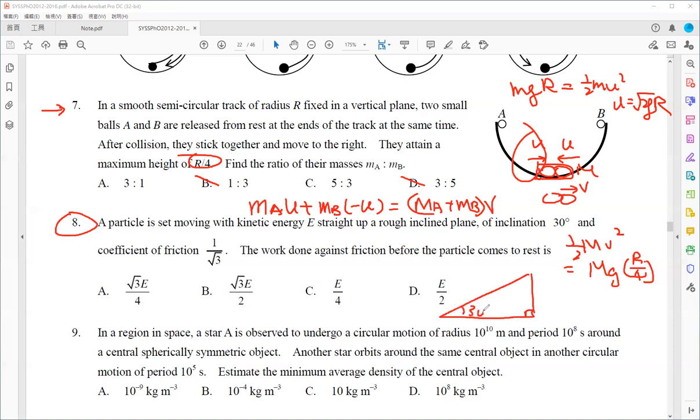An incline at 30 degrees, and the coefficient of friction, mu, is 1 over square root 3. The work done against friction before the particle comes to rest is blah blah blah.